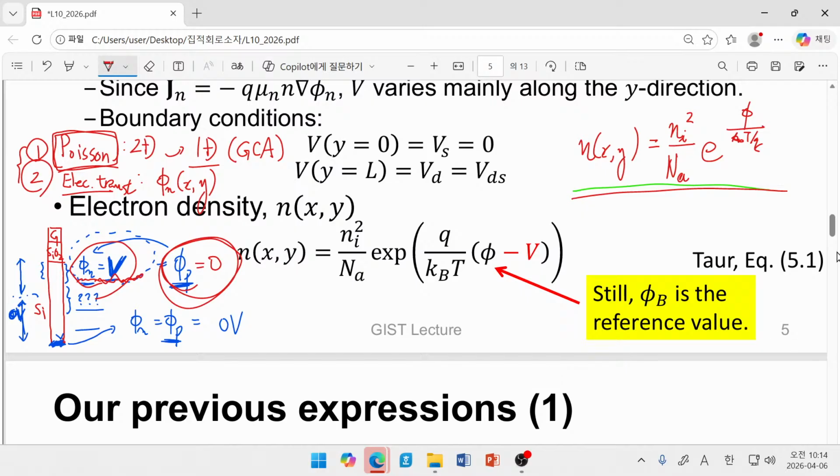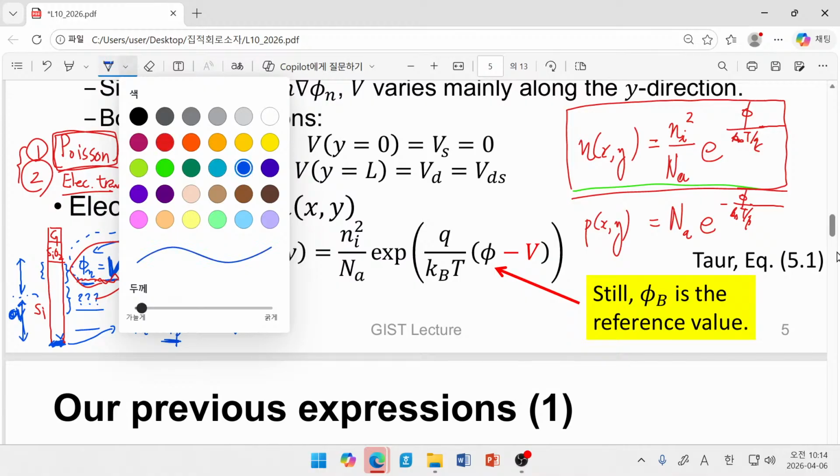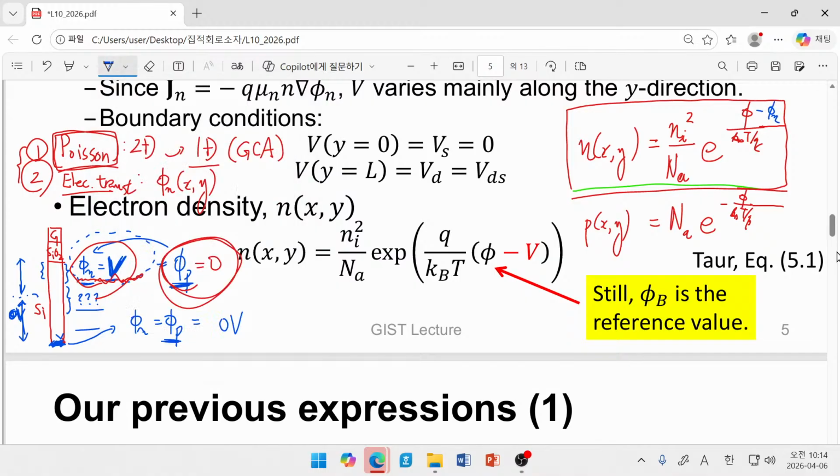So simply speaking, now let's come back to our previous lecture. We had this kind of behavior. And for example, if we consider the hole gas, then it should be regarded as this one, minus phi over kBT. If we have non-zero electron or hole quasi-Fermi potential, what we have to do is just to modify this one, with the electron quasi-Fermi potential and hole quasi-Fermi potential.